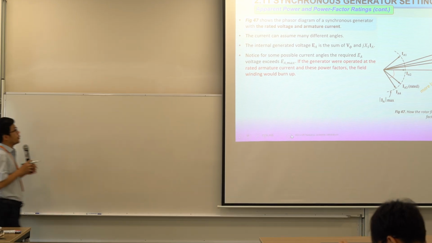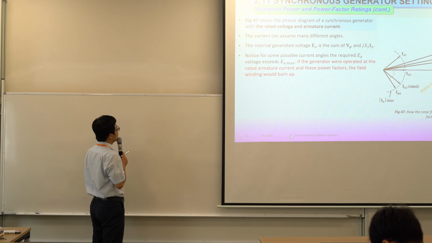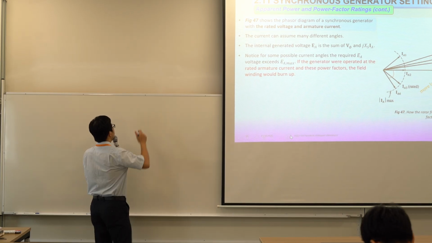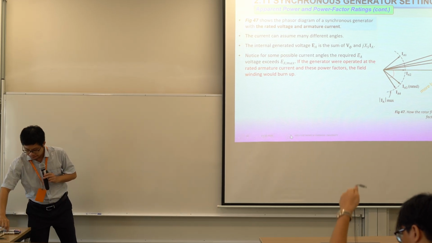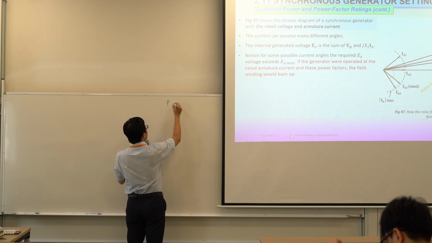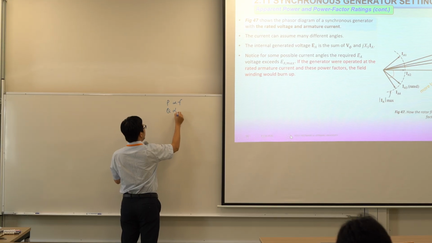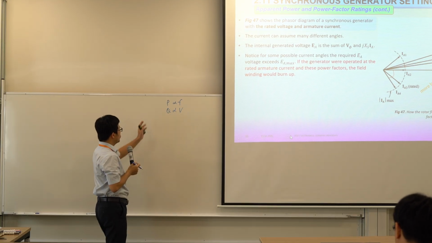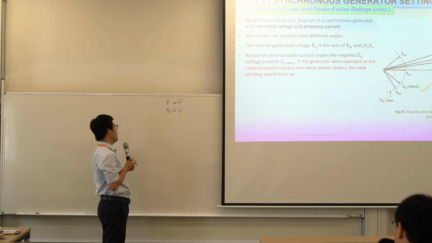So we reviewed a little bit the information from last week. We discussed the relationships between P and F, and Q and V. Of course, they have a linear relationship, right?